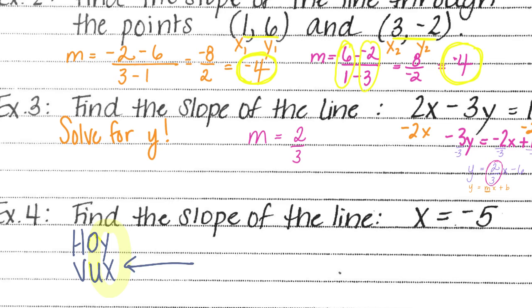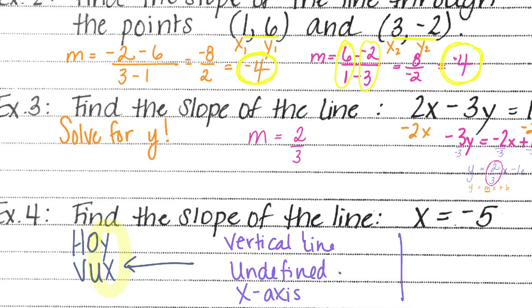Now what does that mean? This means it is a vertical line. It means my slope is undefined. And it's going to touch the x-axis. So when I graph this, I don't really need to graph it, at negative 5, that's what the graph is going to look like. But since they're just asking me for the slope, I know that the slope is undefined.